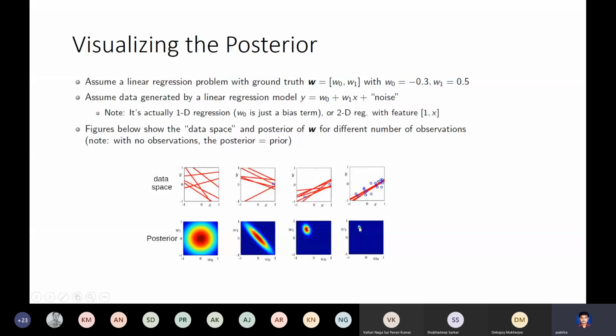This means the MLE and the distribution will collapse close to each other. So asymptotically, the posterior will converge to the MLE. This is very attractive, this is what we want. We don't want a lot of uncertainty about W. We want less uncertainty about W, and the more data you get, the more the uncertainty about the possible value of W is reduced.